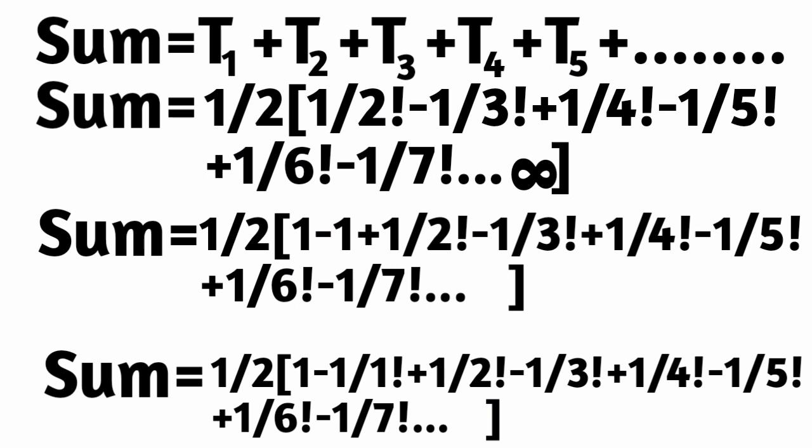We also know that the value of exponential e with negative power is equal to 1 minus 1 divided by factorial 1 plus 1 divided by factorial 2 minus 1 divided by factorial 3 plus 1 divided by factorial 4 minus 1 divided by factorial 5 and so on up to the infinity term.